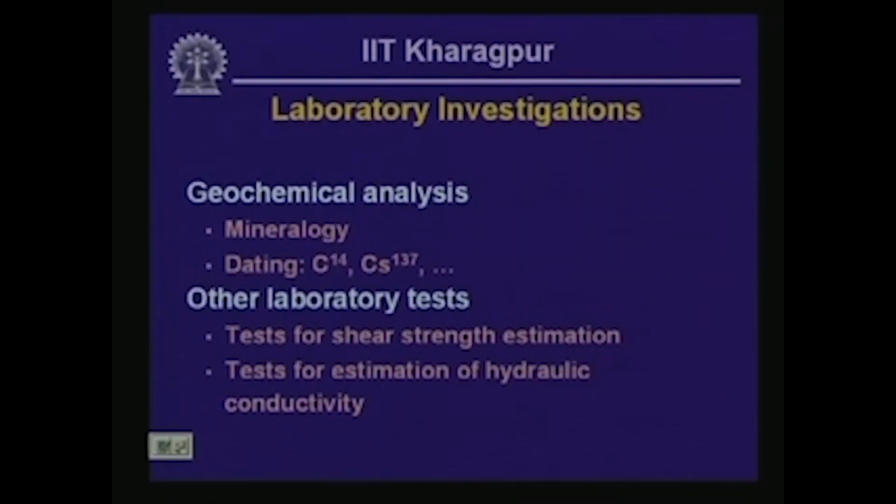Okay. Then the other activity that goes before a geologic map could be prepared is laboratory study. In laboratory study typically geochemical analyses are carried out, in which we try to identify the mineralogy of different geologic units. These actually allow us to correlate two different outcrops at two different locations to each other.